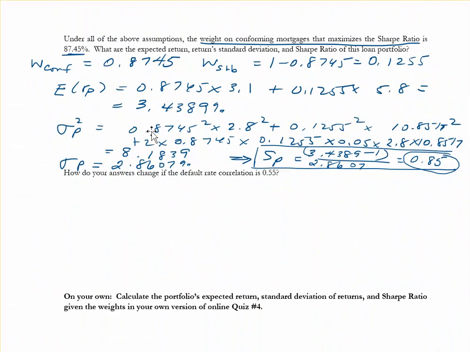Now, our conclusion about putting 87.45% in the conforming mortgages and 12.55% in subprime is based critically on the correlation assumption. Now, what if it turns out that the correlation is actually 0.55, but we thought that the correct correlation was 0.05?